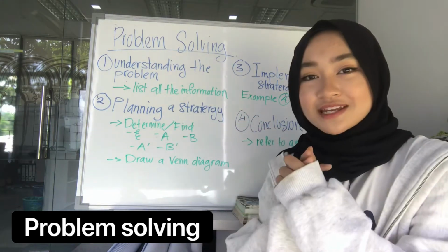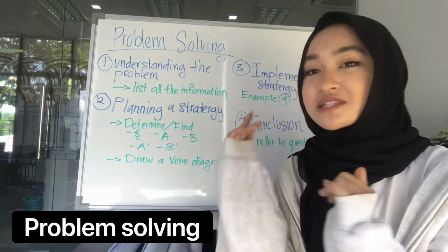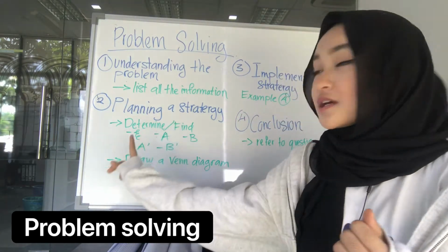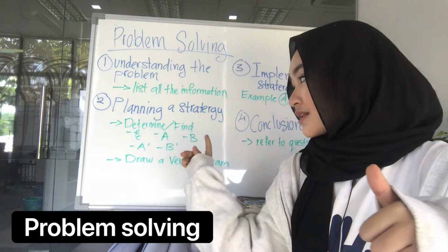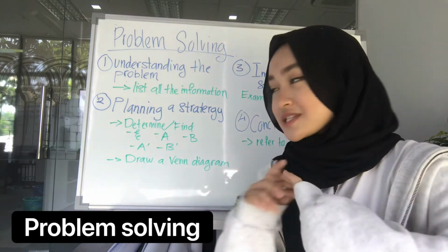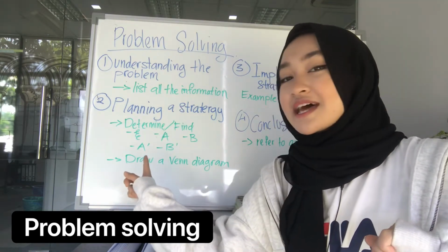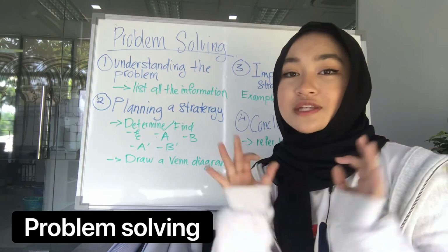Second, planning a strategy. In planning a strategy, you have to determine or find the universal set, the first set A, the second set B, and then find the complement of the sets, which is the complement of the first set, the complement of the second set, and if there is one, the complement of the third set.